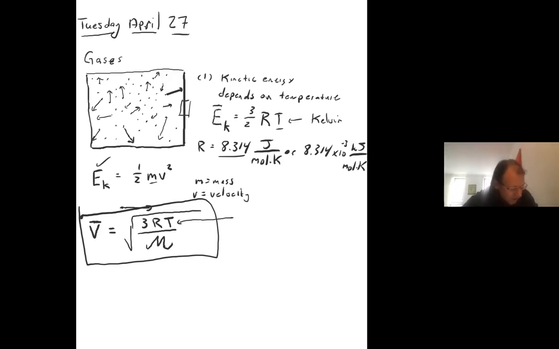So the larger this value is here, the larger this value is going to be here. The velocity will go up with temperature. But that makes sense. If they have more kinetic energy, they move faster. But there's also the molar mass, and that's in the denominator. So the larger the molar mass gets, the smaller the velocity gets. Those are the two factors.